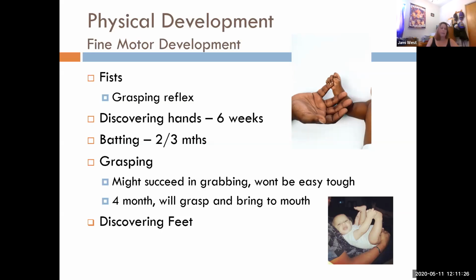Right around 4 months, as they're batting, they're going to start grabbing. So your hair, your sunglasses, anything that they can get their hands on, batting and grasping. And then almost always when they do, immediately it goes to their mouth. Because remember, Piaget talked about this being the sensory motor stage.